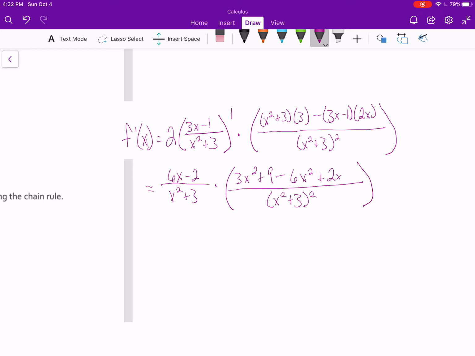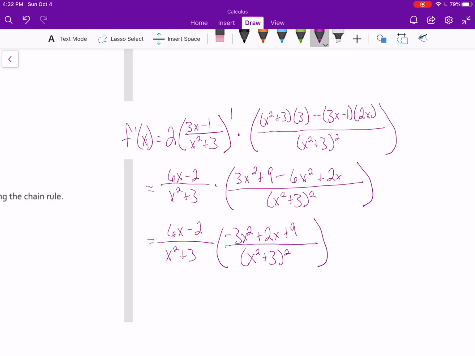So now we have 6x minus 2 over x squared plus 3 times negative 3x squared plus 2x plus 9 all over the quantity x squared plus 3 squared.